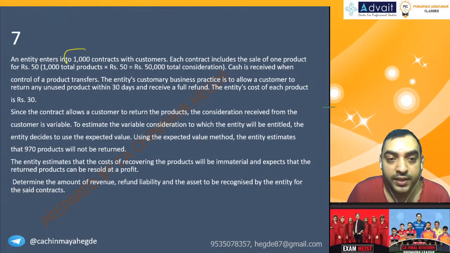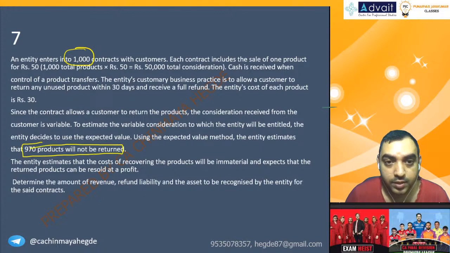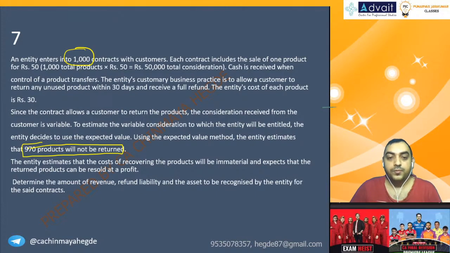So 1000 contracts were entered and they know that 970 products will not be returned. So out of thousands, 970 will not be returned, so you can recognize sales.